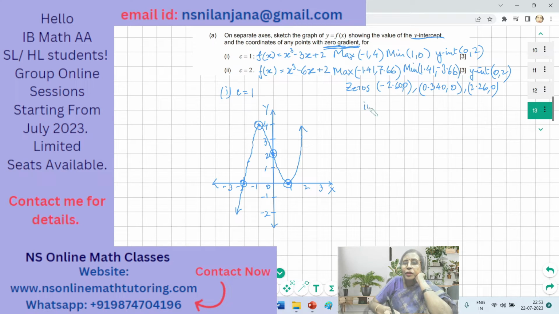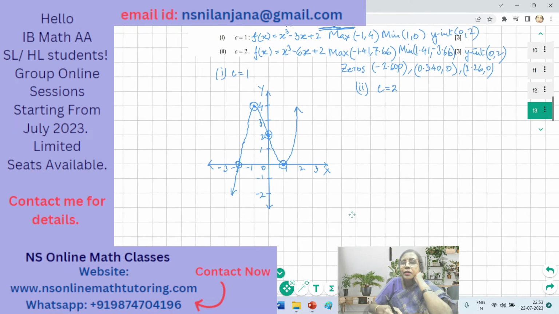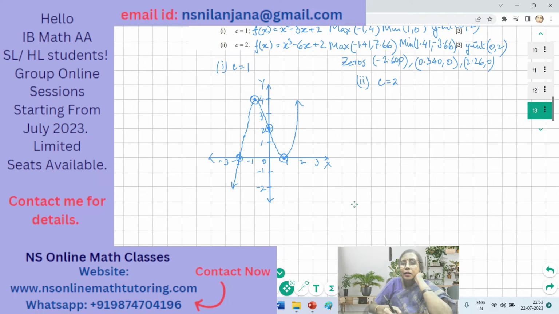To sketch it over here so that I can see all the information that I have written over here. C equal to 2. And I have to get by 7.66 means 8, or I can take 9, 10, and this will be 5. So 15.